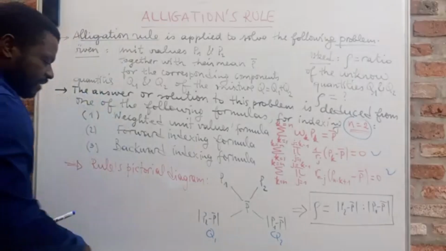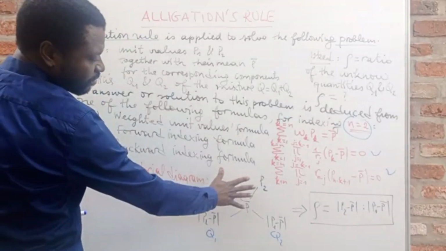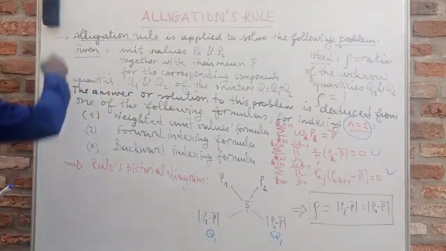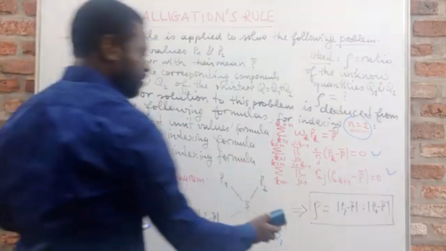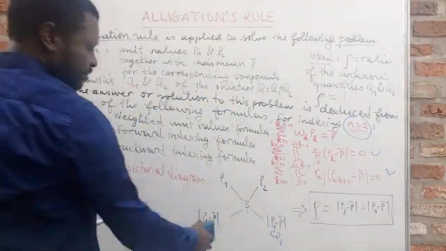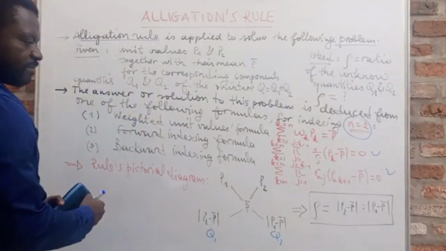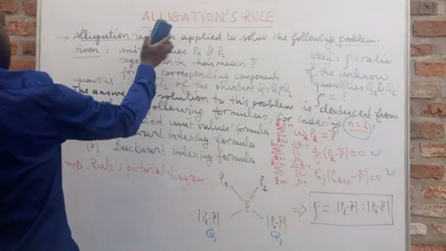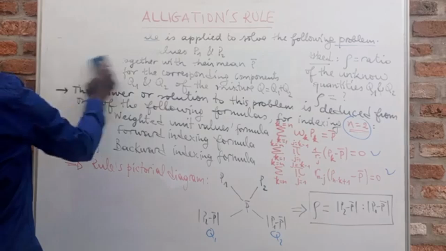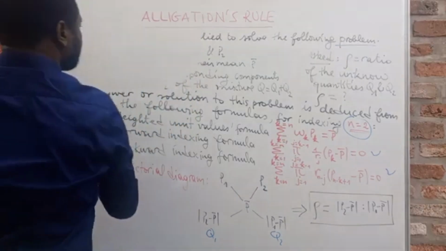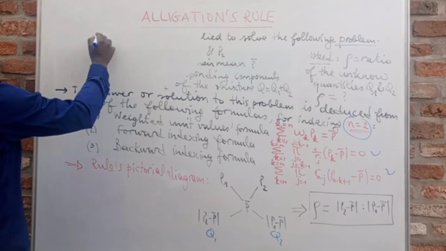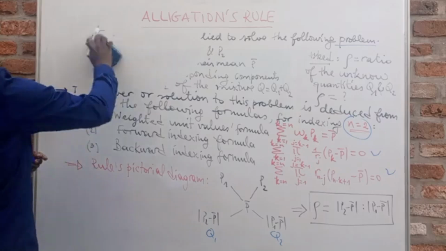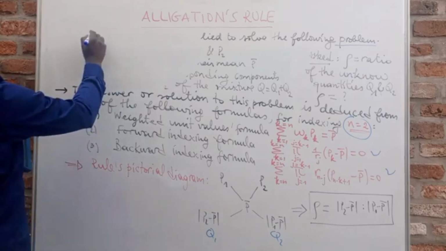Now we need to explain where this diagram is coming from, and we are going to look for the ratio between these two quantities. We are going to prove that rho is given by this quantity.